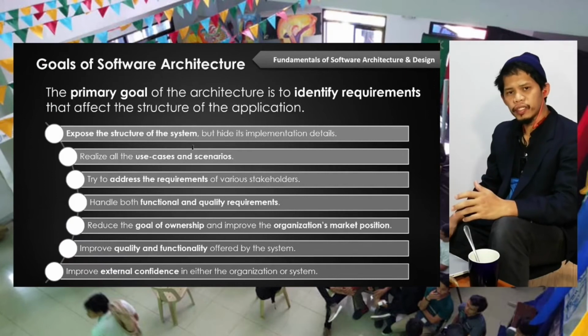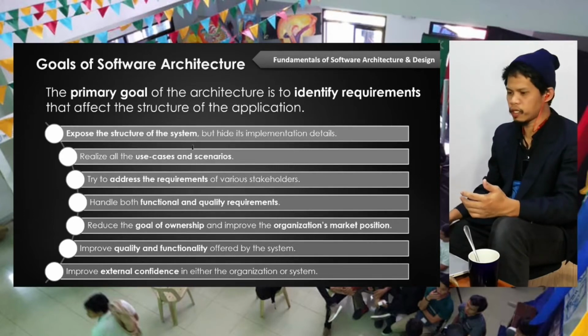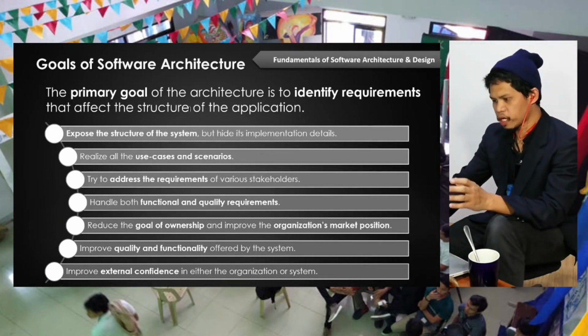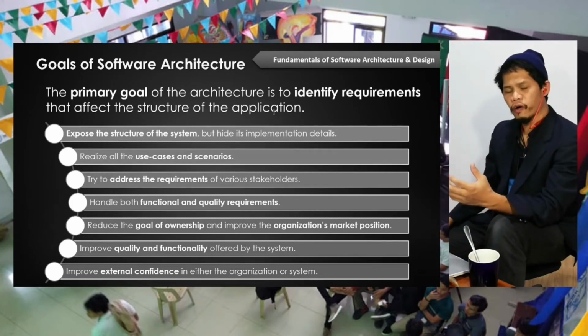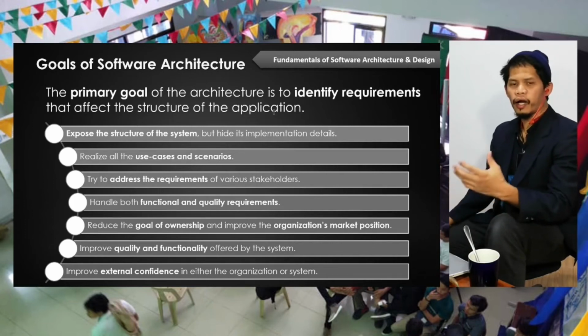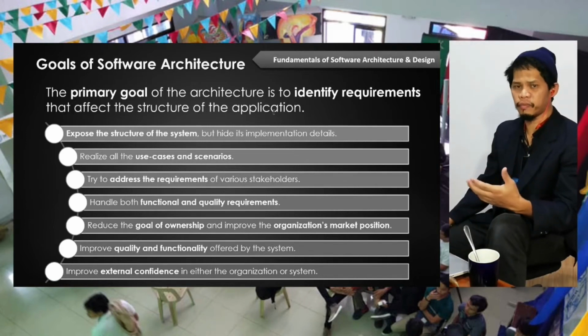To understand further the role of software architecture in a software system, let us identify the goals of software architecture. The primary goal of the architecture is to identify requirements that affect the structure of the application, meaning the architectural structure of different software applications doesn't have to be all the same or universal, because the architectural structure adapts to the needs of the requirements that need to be addressed by the architect.